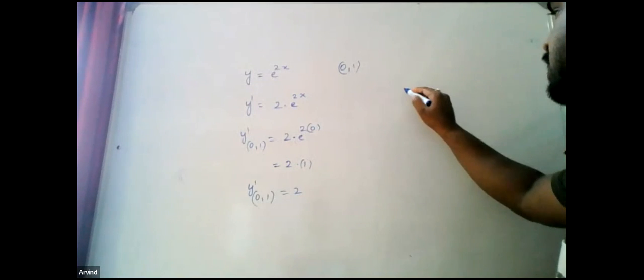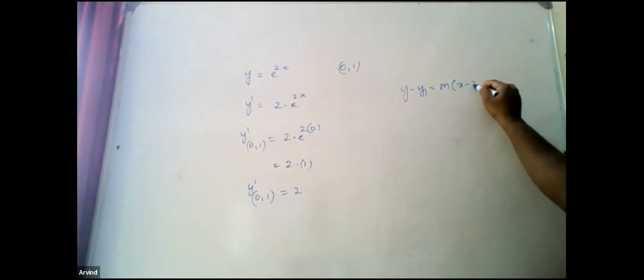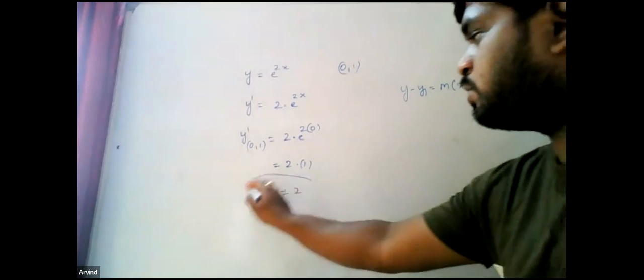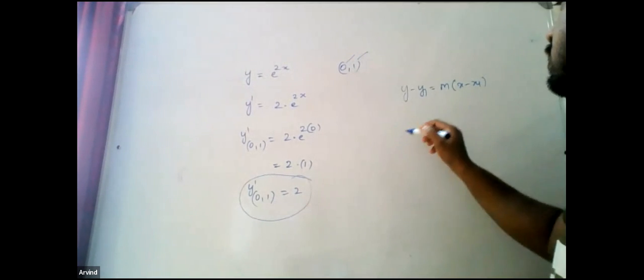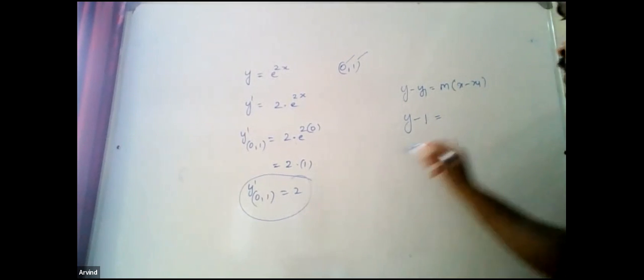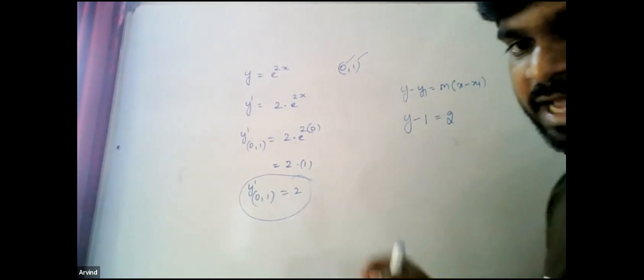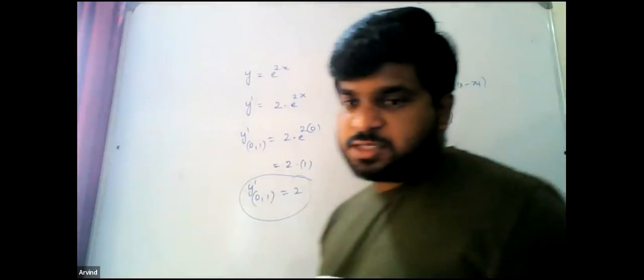You know the equation of a tangent, right? The equation of a tangent is given by y minus y1 equals m into x minus x1, where m is your slope. A tangent is another straight line, which you would have learned in the straight line chapter.